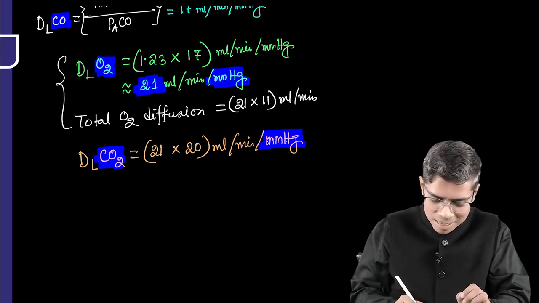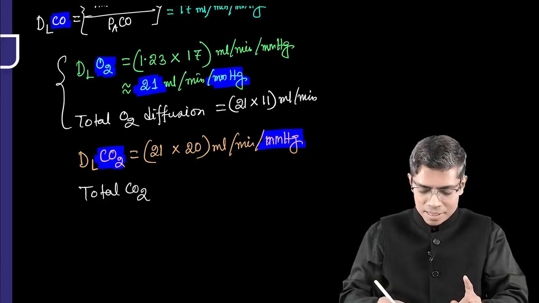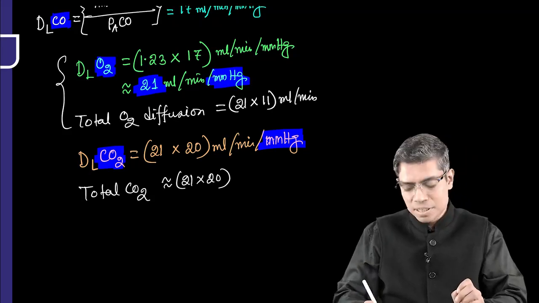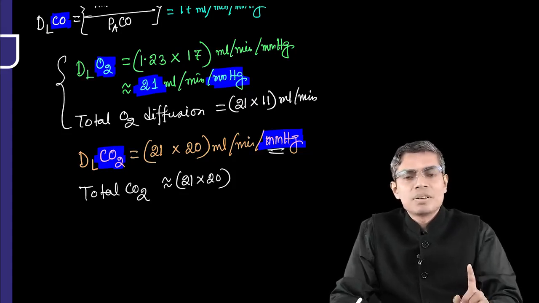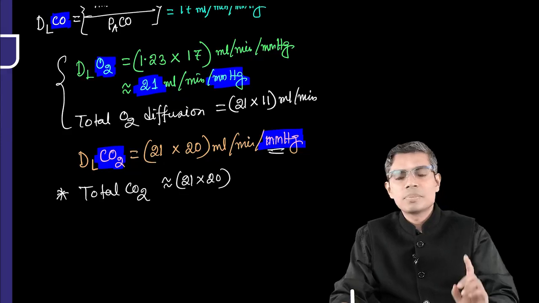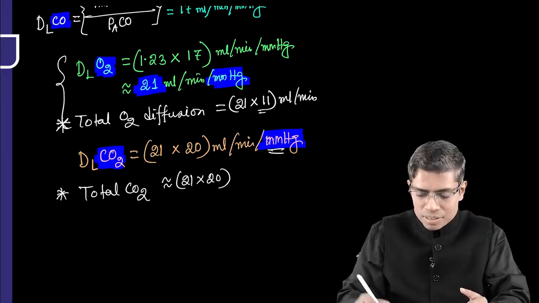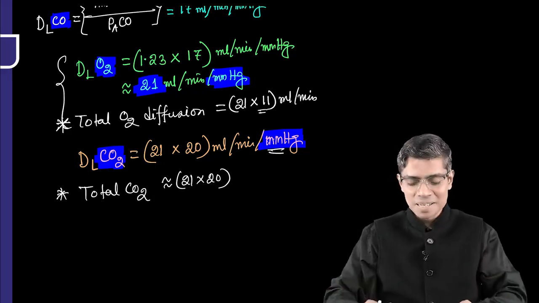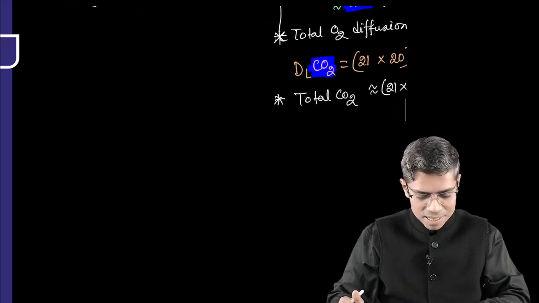The total carbon dioxide diffusion in 1 minute will remain the same, 21 multiplied by 20, because the average partial pressure difference for carbon dioxide transport is only 1 millimeter of mercury. Remember, the total remains the same for carbon dioxide because the average partial pressure difference is 1, but the total for oxygen is different because the average partial pressure difference is 11 millimeter of mercury. I hope you get this. So these are all the principles of diffusion at the level of the lung for various gases.